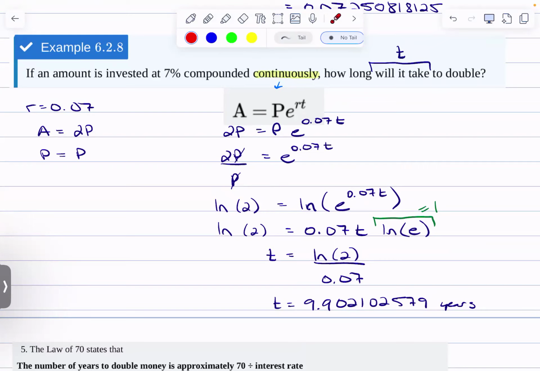We could have done this for the compound frequency or the compound interest that we were talking about earlier, but this one's a little bit cleaner.